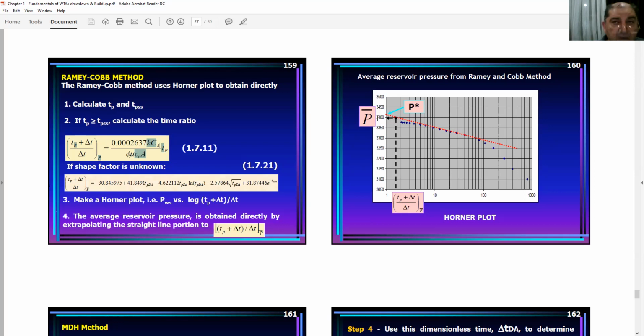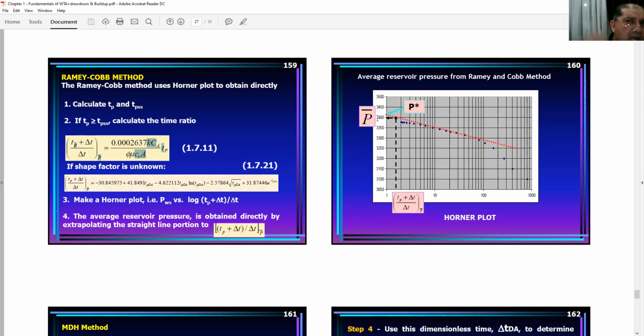You have two options in this case. The first option, if you know your reservoir configuration and shape factor, this would be fine. Then you need to compare TP versus TPSS, and TPSS is taken from table 146, TDAPSS, and converted to TPSS.